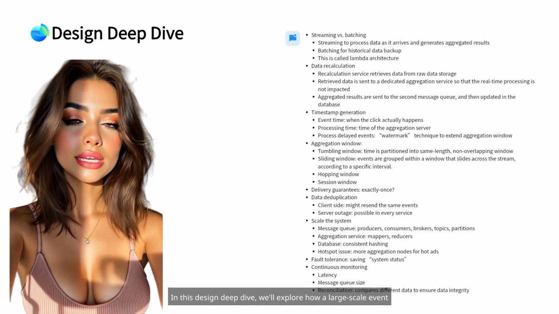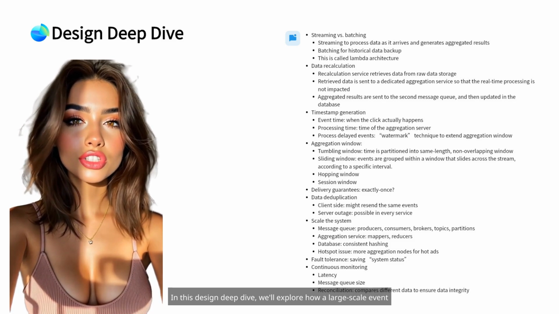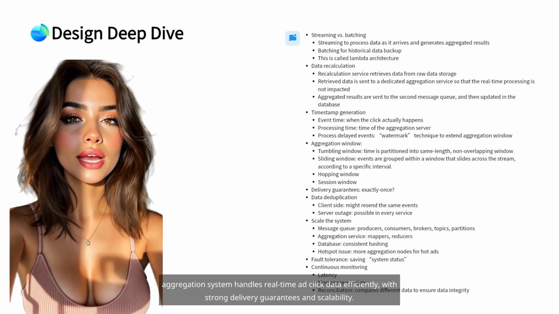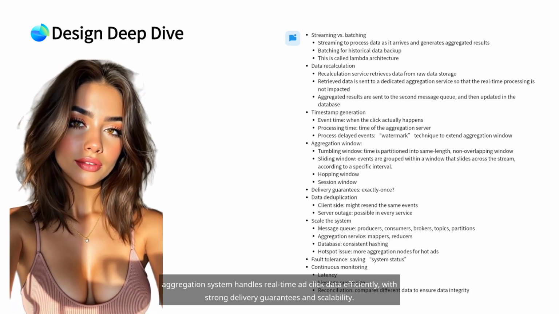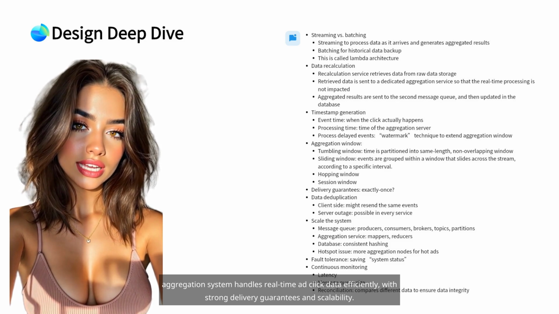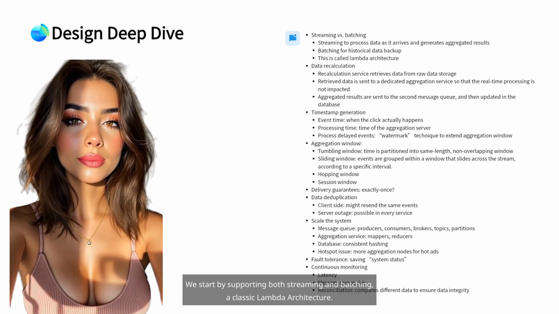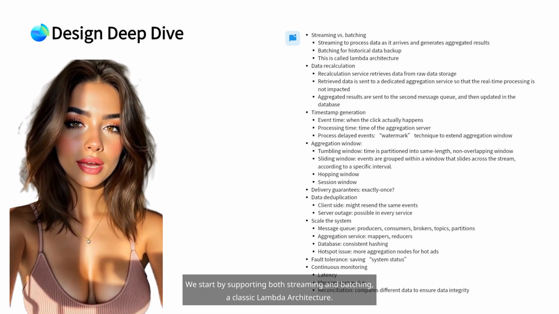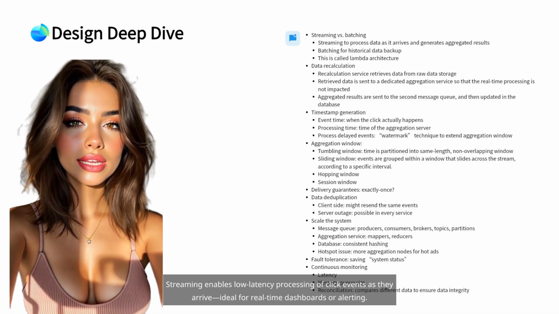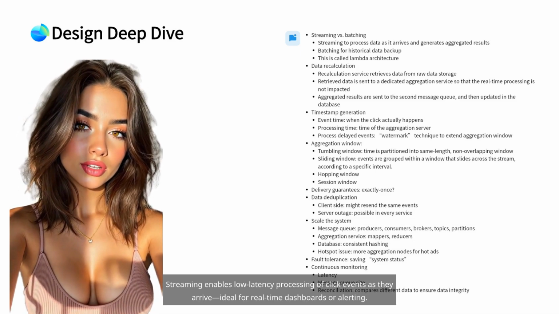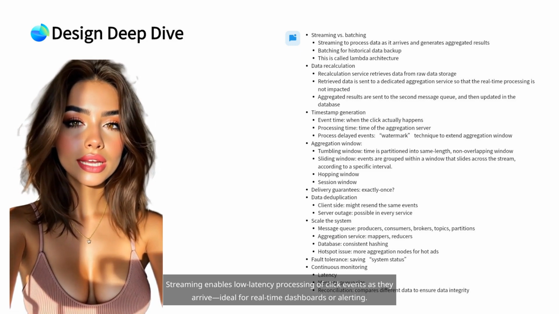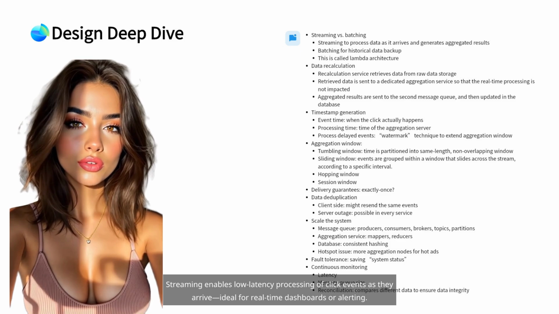In this design deep dive, we'll explore how a large-scale event aggregation system handles real-time ad click data efficiently, with strong delivery guarantees and scalability. We start by supporting both streaming and batching, a classic Lambda architecture. Streaming enables low-latency processing of click events as they arrive, ideal for real-time dashboards or alerting.